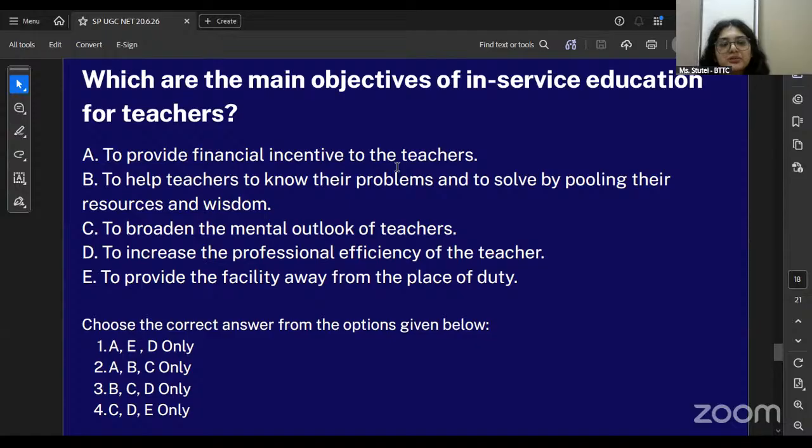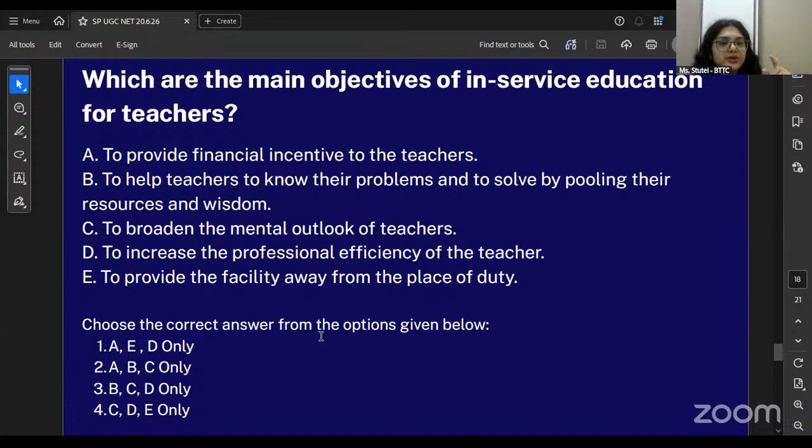Then I looked at option number two, and I was like, to help teachers to know their problems and to solve by pooling their resources and wisdom. So I was like, yeah, this is something that we all do as teachers.